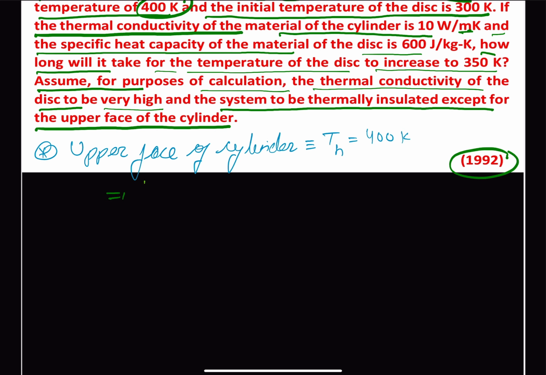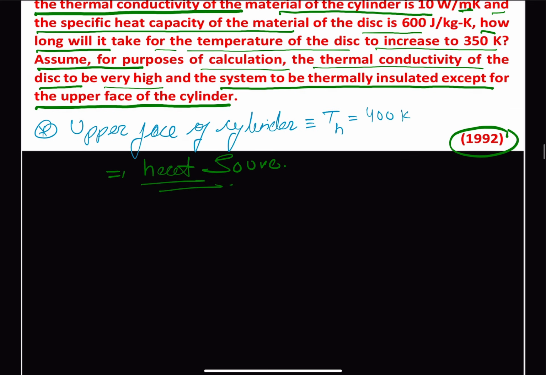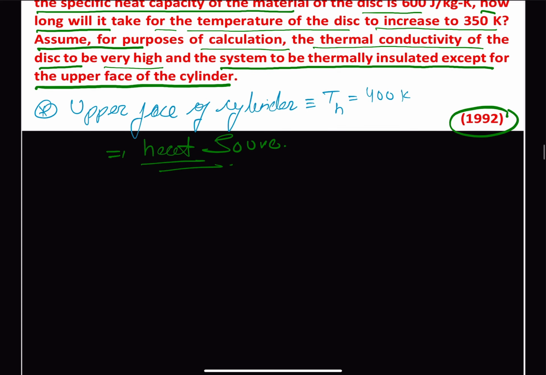And the initial temperature of the disc, let us call this Ti, and that is 300 Kelvin.